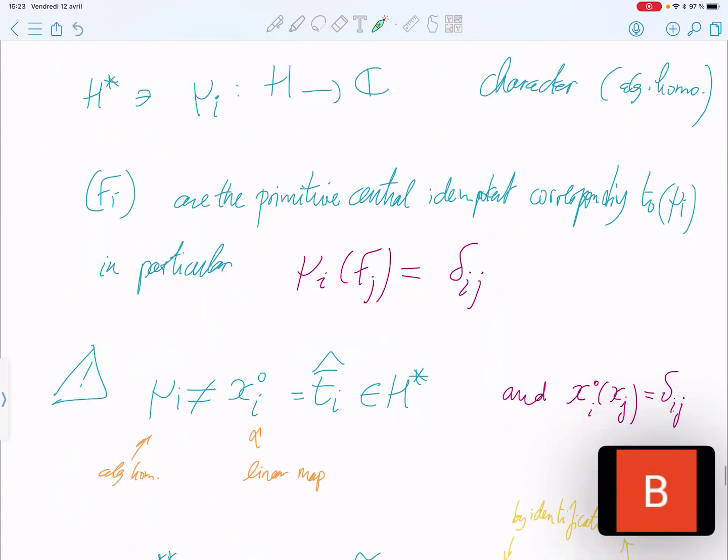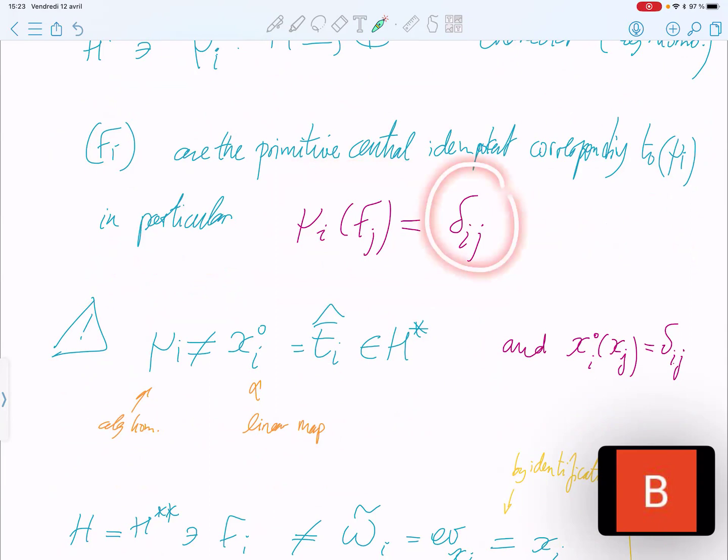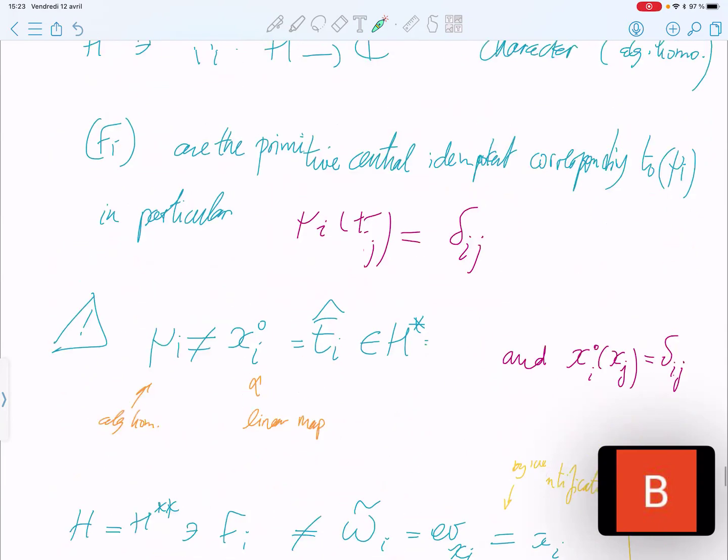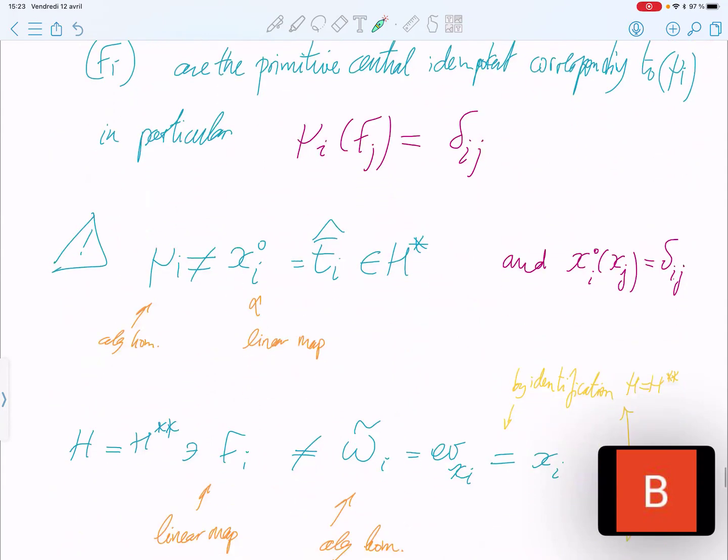So to a character it associates a primitive central idempotent. Here it's written fi. And so you have this relation, mu i fj equals delta ij. That's okay. And you have the similar thing when you consider X star and X double star.